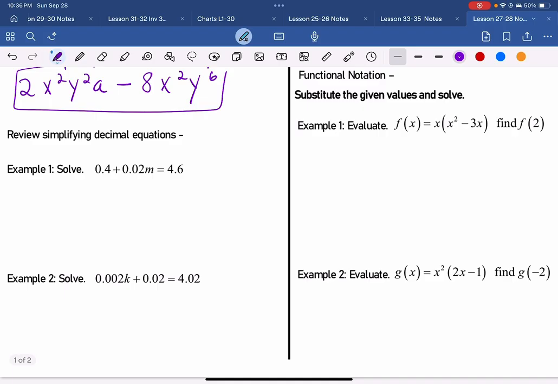Okay, simplifying decimal equations. One way you can simplify to make these numbers more manageable is to move the decimal out of there. It's not really necessary considering I let you use your calculator, so you just follow the same steps, subtract that over here, and then divide by this, right? So we have 4.6, and if we were to subtract 0.4, then we have 0.02 m equals 4.2.